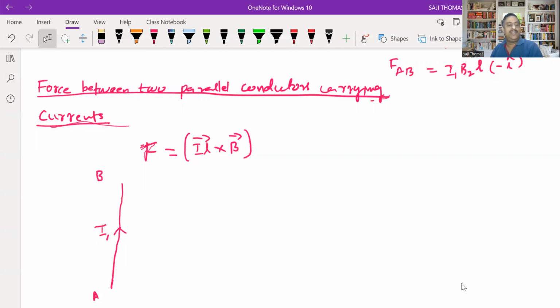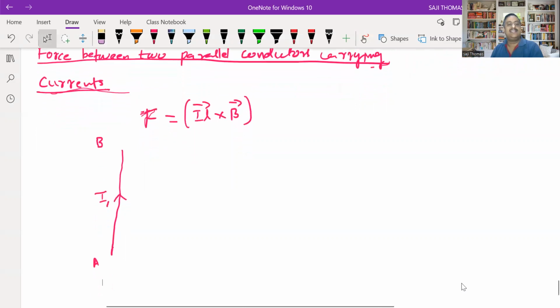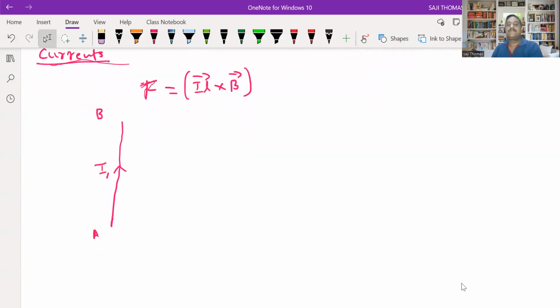Now you know around any current carrying conductor, there is a magnetic field. And I am drawing a magnetic field line. And you know how to find out the direction of magnetic field, right hand thumb rule. So at this point, say this point is P, at a distance R.